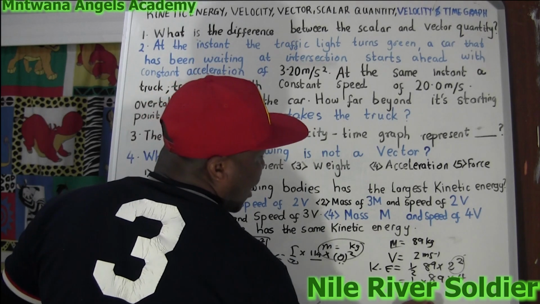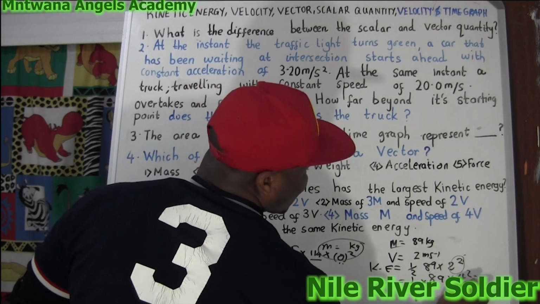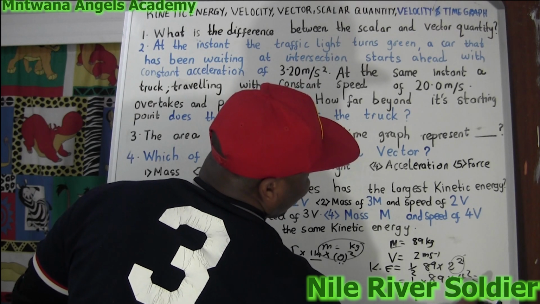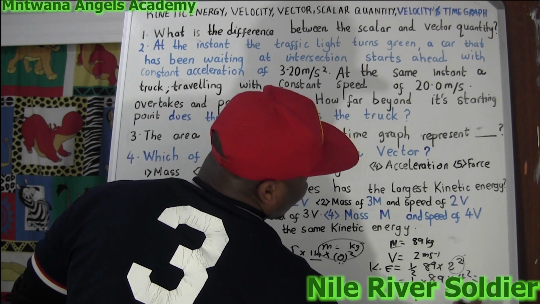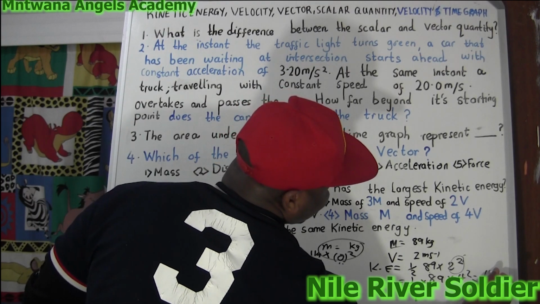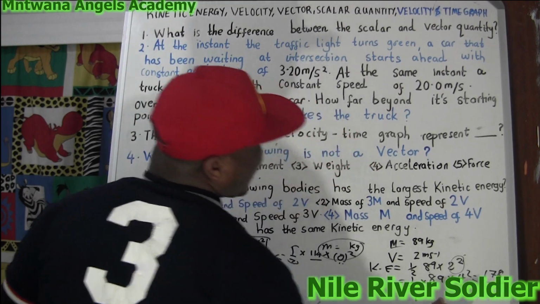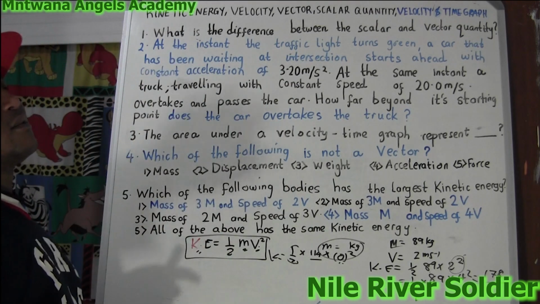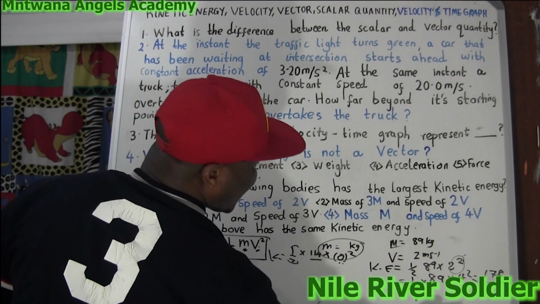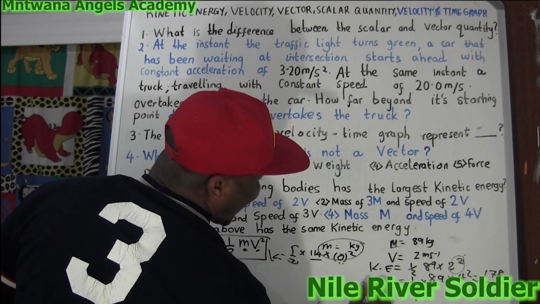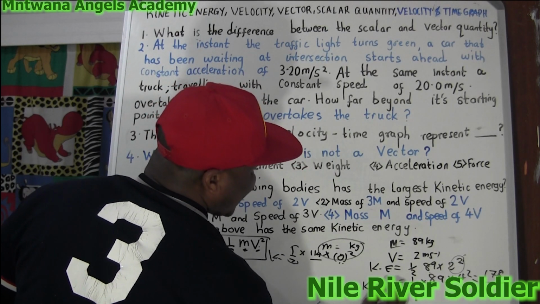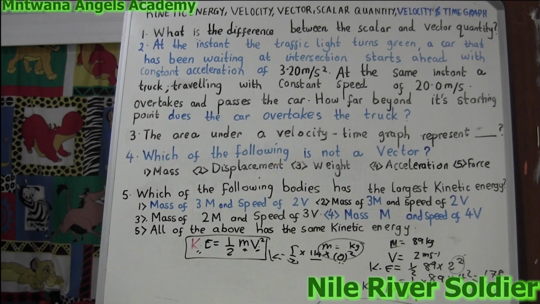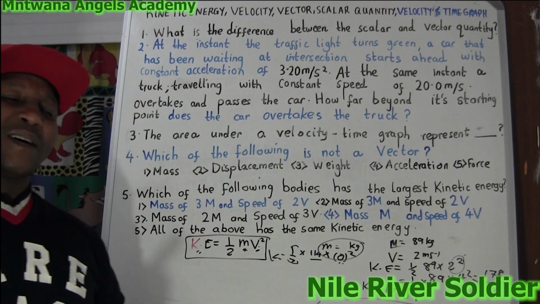Half of 4 is 2, so 2 times 89, you can put it in a calculator. That gives 178. The unit of kinetic energy is the joule. So my kinetic energy is 178 joules. So it's a half times mass times velocity squared.